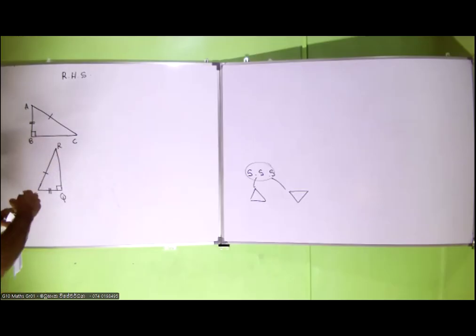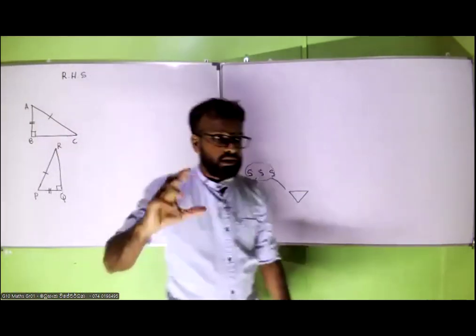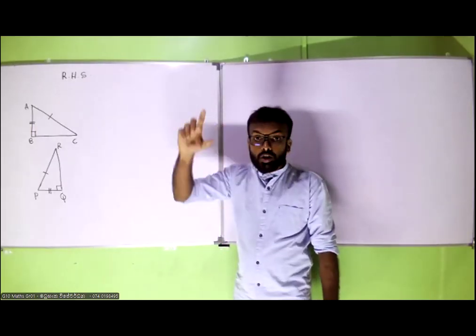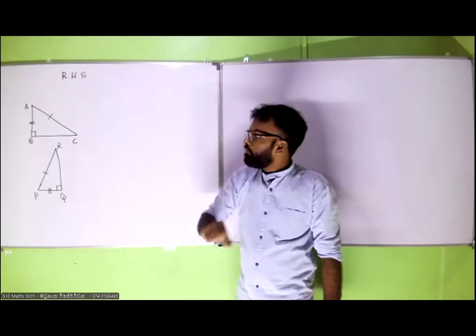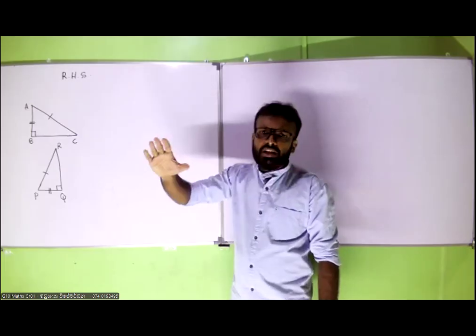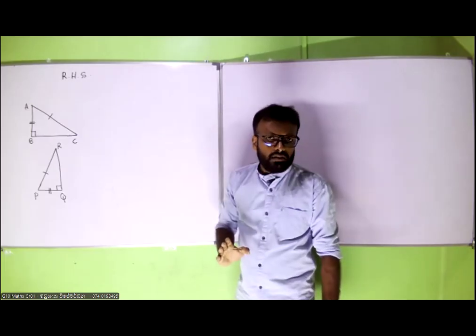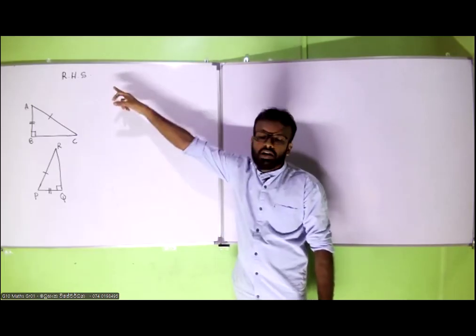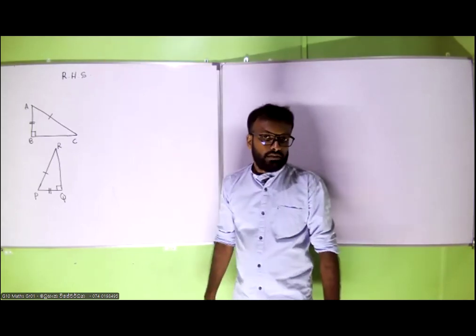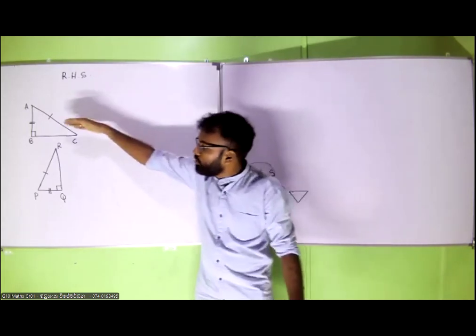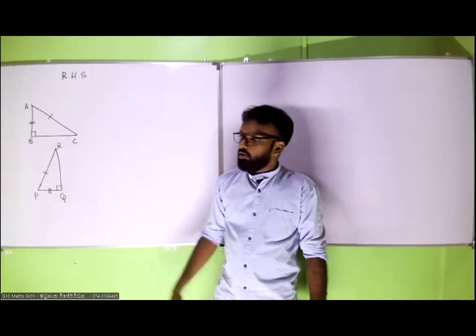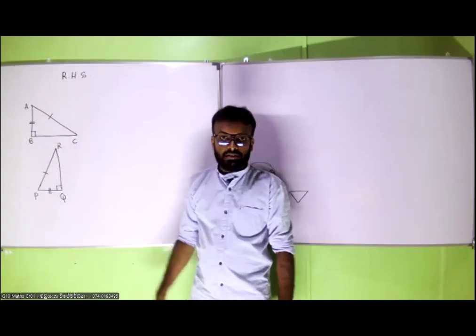There are two triangles, and those triangles are right angle triangles. Definitely they should be right angled in order to satisfy RHS, because R stands for right angle. Already they have given the right angles.